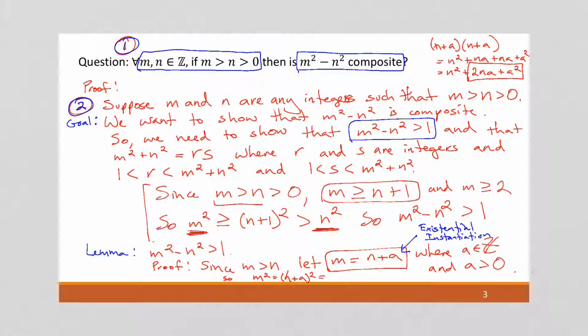And thus this is n squared plus 2na plus a squared, which will be greater than n squared. Which means, really running out of space here, m squared minus n squared will in fact equal 2na plus a squared, which is greater than 1. Okay, so that's my little lemma. We're going to move to the next page.